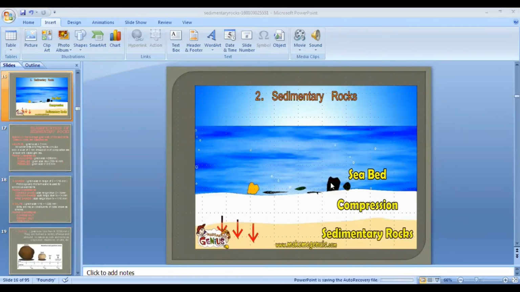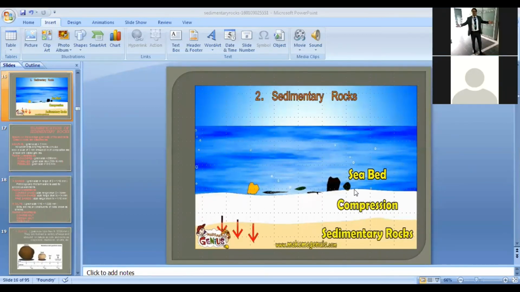This one is the seabed, and you see this is the place where we have newly formed sediments, and once we have this layer coming in, the grains will come closer and closer. They will have compaction. Later on, the cementation happens, and as cementation happens, this bed will be converted into a sedimentary rock.